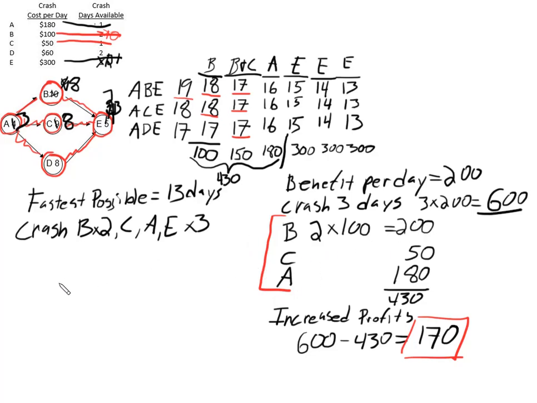So let's recap what we did here. The first thing that we did is we found the critical path. So that's the first thing we want to do. And then the next thing was to identify the cheapest crash.